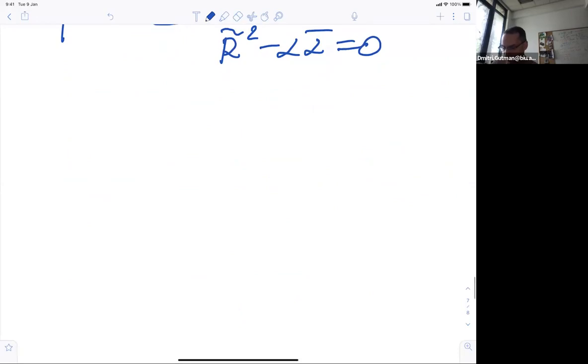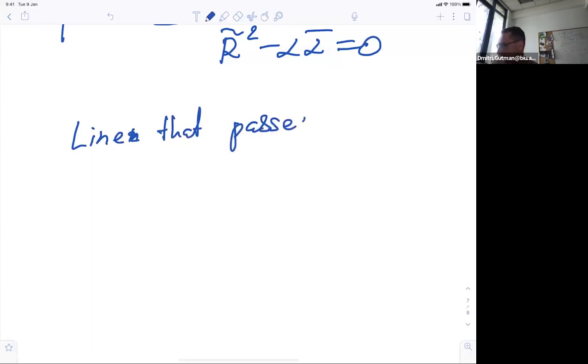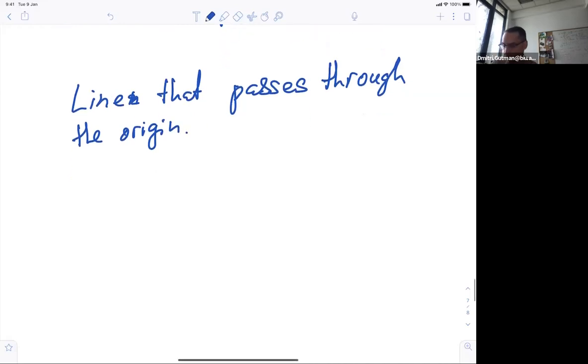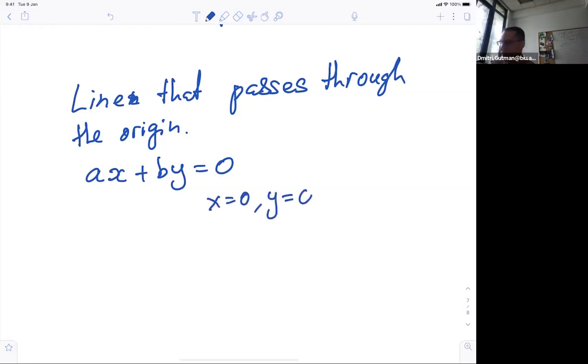Now discuss the line that passes through the origin. How does it look? The equation of a line that passes through the origin looks like a times x plus b times y is equal to 0, such that x equals 0, y equals 0 lie on this line.